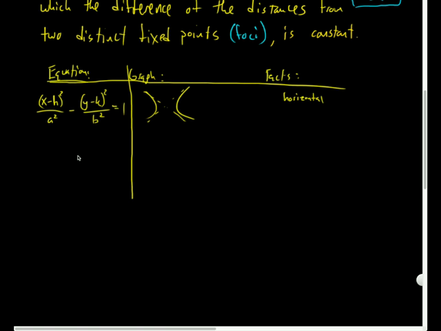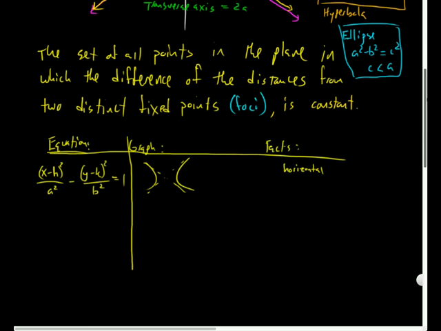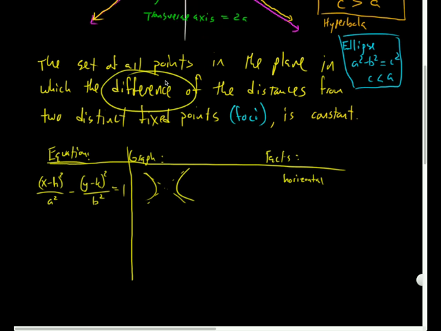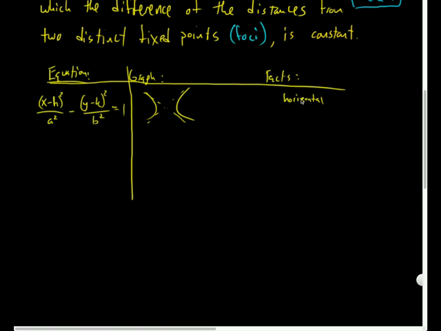So the only difference between this and an ellipse is this is now a minus sign. And that kind of makes sense because difference was the only difference in the definition of this as well. So let's write down some facts about this.